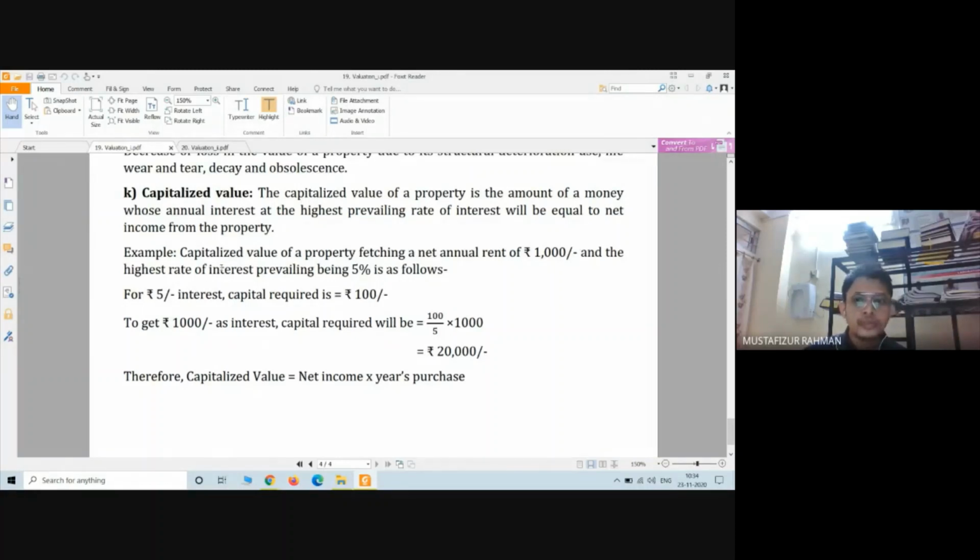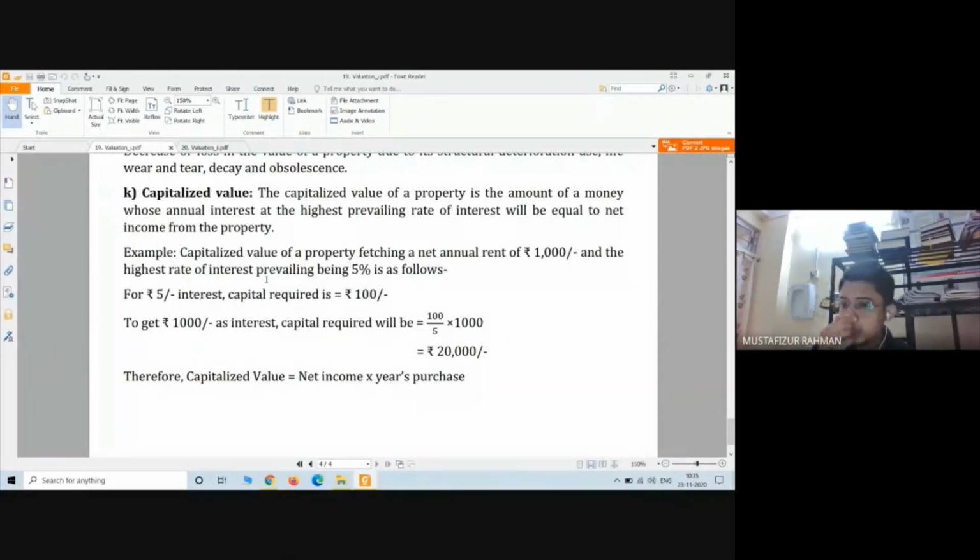Suppose I am earning rupees 1000 and the highest rate of prevailing interest in our locality, in our city, in our country is 5%. So for 5% interest, I will require a capital of 100 for 5 rupees interest. For 1000 interest, how much capital will I require? It is like that much money I have in a bank.